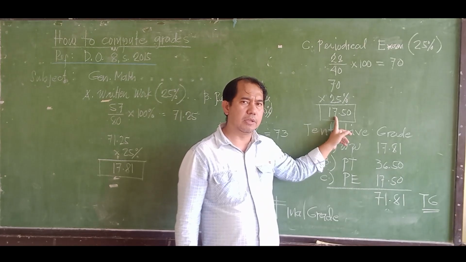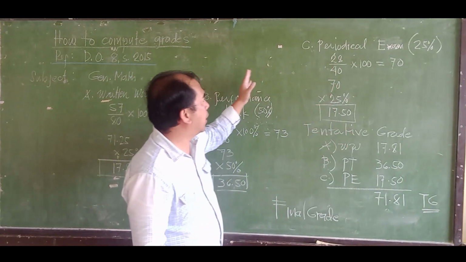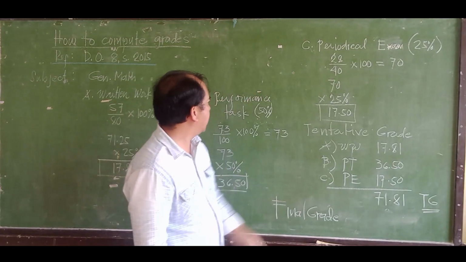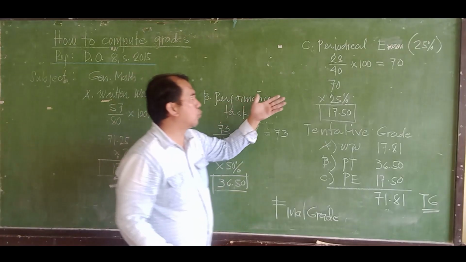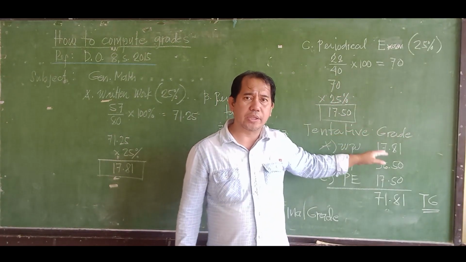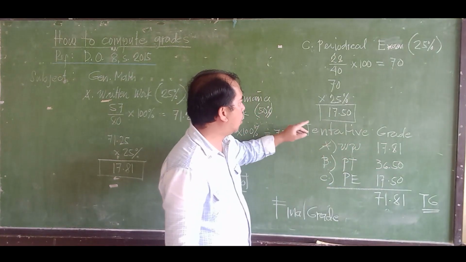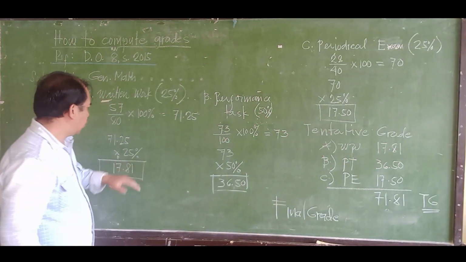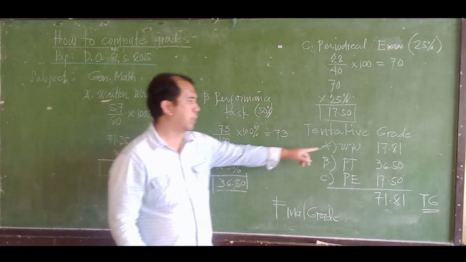17.50. After having said that, we now have here the periodical exam, performance task, and written work. We are going to get the tentative grade. Now, what is the component of this tentative grade? Of course, the three. So we consider this 17.81 for the written work.